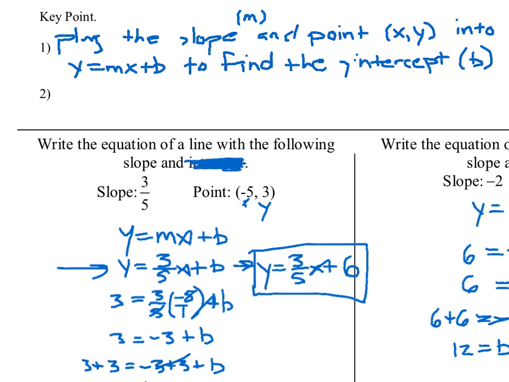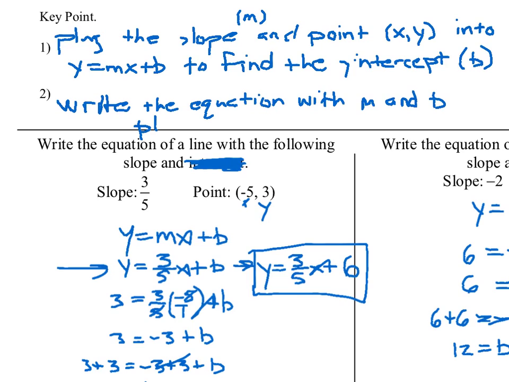Once we've got that key point, write the equation with m and b plugged in. That's it. That's our key points for today. You already knew how to graph this. You knew a method to graph this. The graphing is the easy part. Okay? Questions about our work for today?